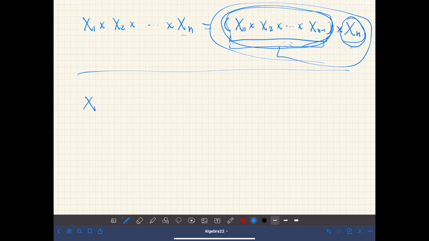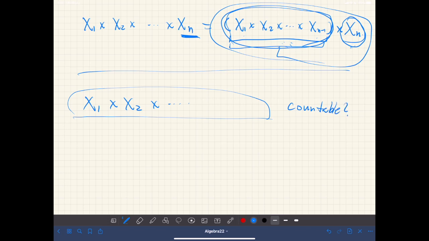Instead of stopping at finitely many sets, what about this? This product continues forever, I mean, infinitely many sets. The product of infinitely many countable sets. So is this countable? Actually, it turns out this is uncountable. You should try to see why this is so.